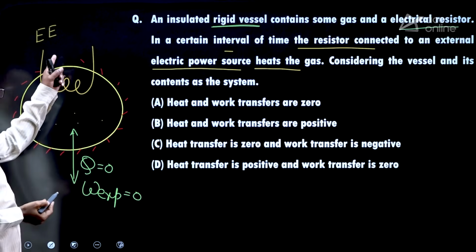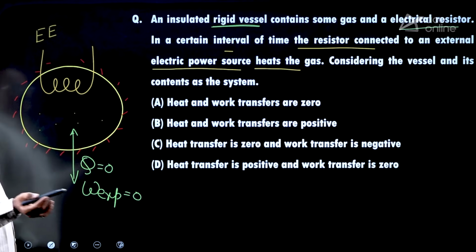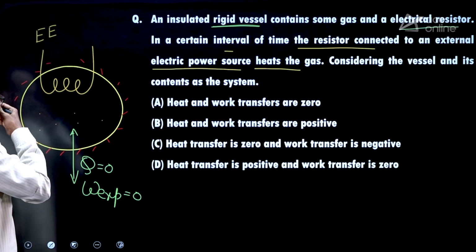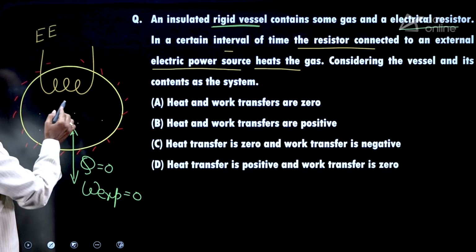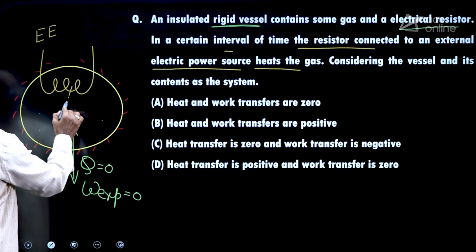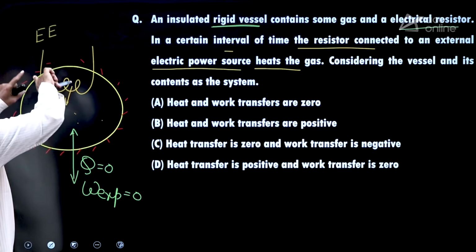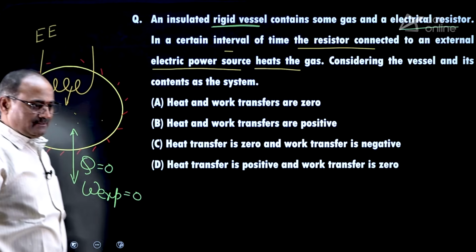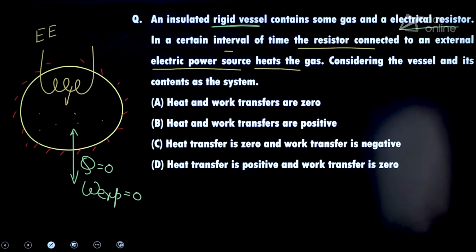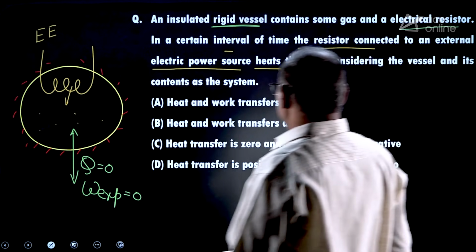Electrical energy is converted to thermal energy. That thermal energy causes the temperature of the heater to increase. Then the heat transfer is happening from heater to gas. The gas will be heating, but here the container is our system.